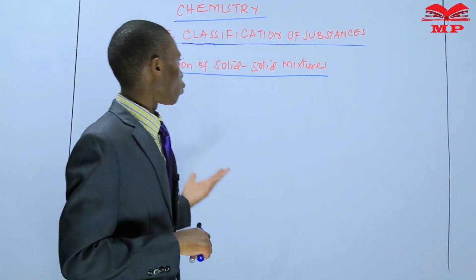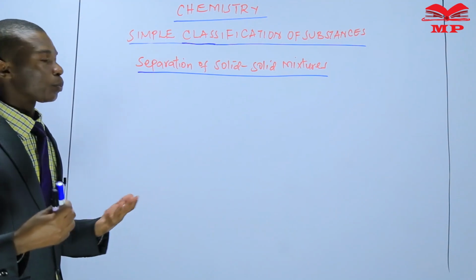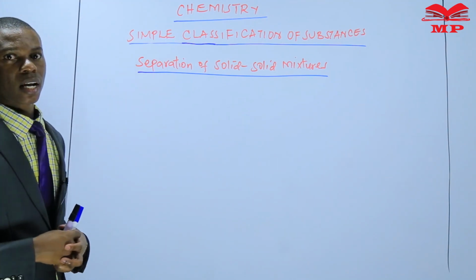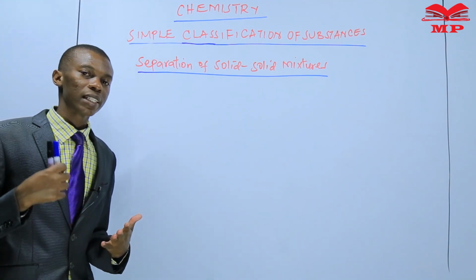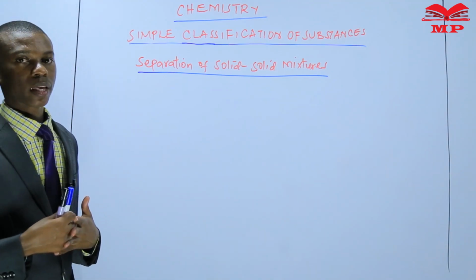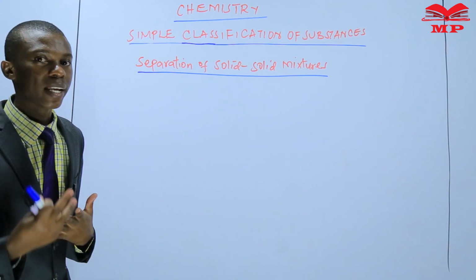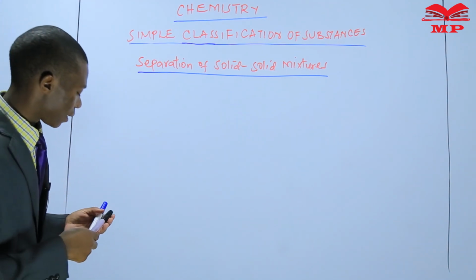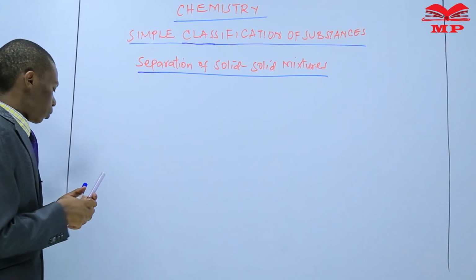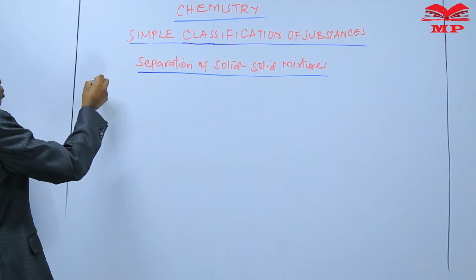In this separation of solid mixtures, I want us now to discuss how you can separate some mixtures. And I want to start with a mixture of iron filings and sand. Let's do a simple experiment, well, a demonstration.